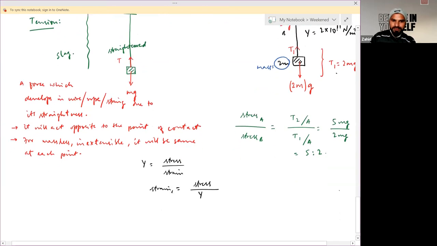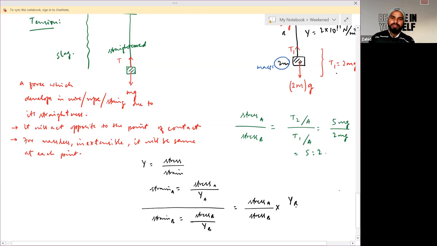Let's say this is for A. Similarly, strain in B will be stress in B divided by Young's modulus in B. Now, if you simplify it, you will get stress in A divided by stress in B multiplied by Young's modulus in B divided by Young's modulus in A. The denominator of the denominator will move to the numerator.